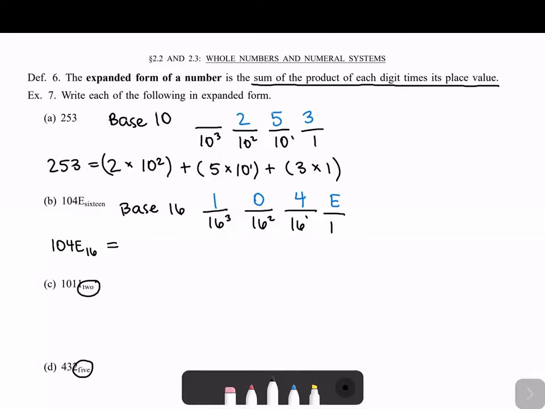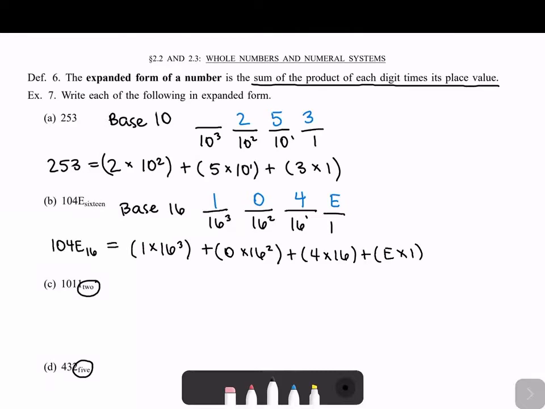So this one has something in the 16 cubed place, so we're going to start with that. So 1 times 16 cubed plus 0 times 16 squared plus 4 times 16 plus e times 1. So at this point, you may not really want to have e written out like this, because everything now in this equation is one of our European numerals.